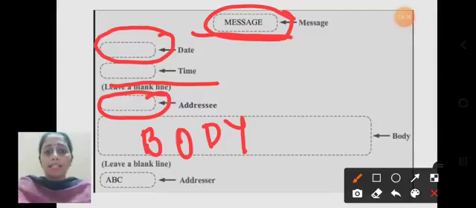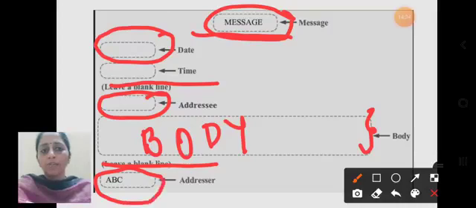It will come only in one paragraph, student. Once that is done, you will leave a blank line, and towards the end, you will write down the name of the person who has written the message. That is your name you will mention. Students, I hope I'm very clear.